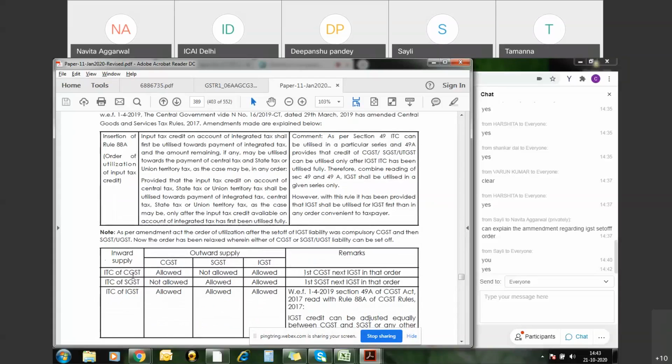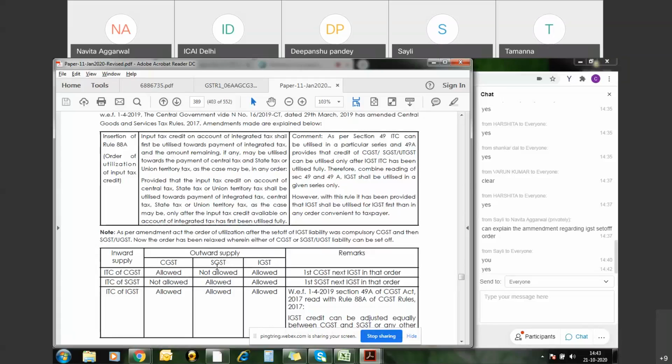So ITC of CGST is allowable to be settled off against CGST and IGST. Now it is clear that ITC of CGST is allowed to be settled off against the outward liability of IGST. ITC of SGST is similar; CGST and SGST cross-utilization is never allowed.